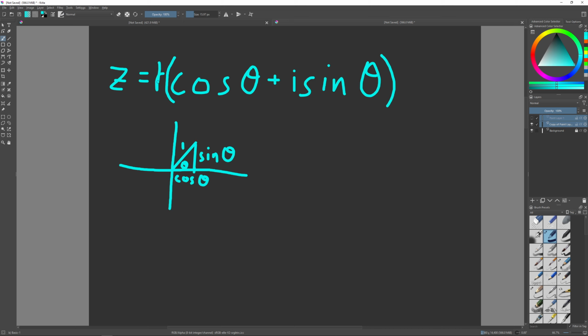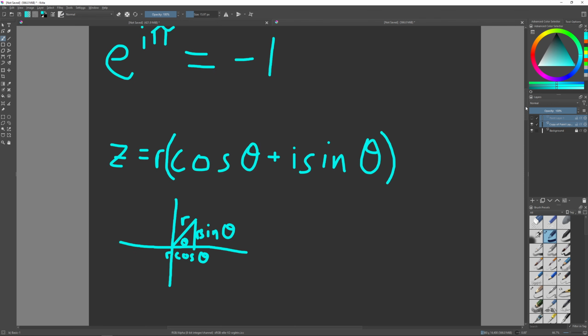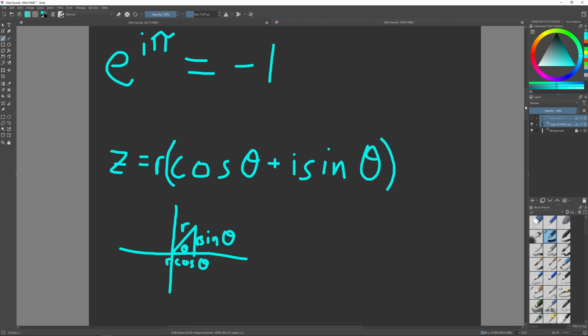So if this were 1, then the real amount is cosine theta, and the imaginary amount is sine theta. So it's just another way of representing it. But if it's not 1, we just multiply everything by this r. This will be r sine theta. I should have given myself more space. And this will be r cosine theta. Everything just multiplies by r. So this is another way of representing complex numbers.